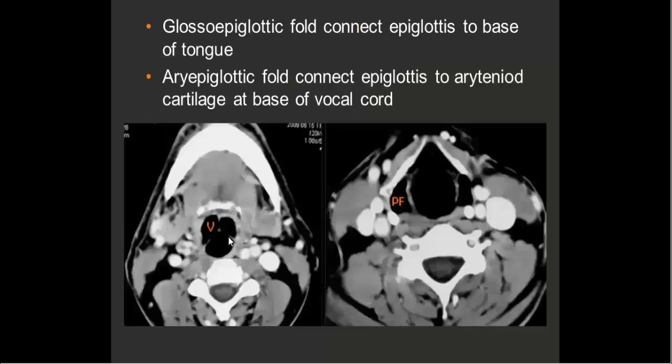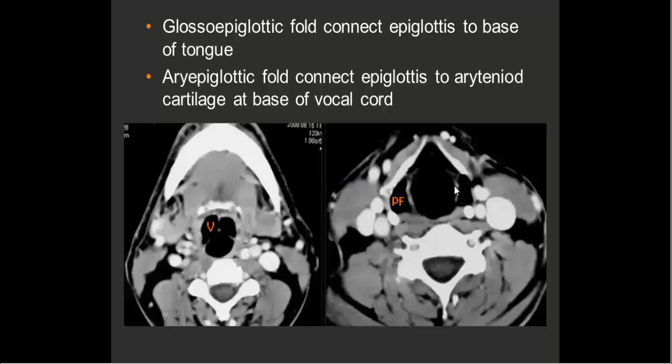As we see in this image, this is the epiglottis, and anteriorly the glossoepiglottic fold attached between the epiglottis and the base of the tongue. It divides the airway anteriorly, and on both sides is what's called the vallecula. When we go down, we find the glottis attached to the base of the arytenoid cartilage by the aryepiglottic fold.